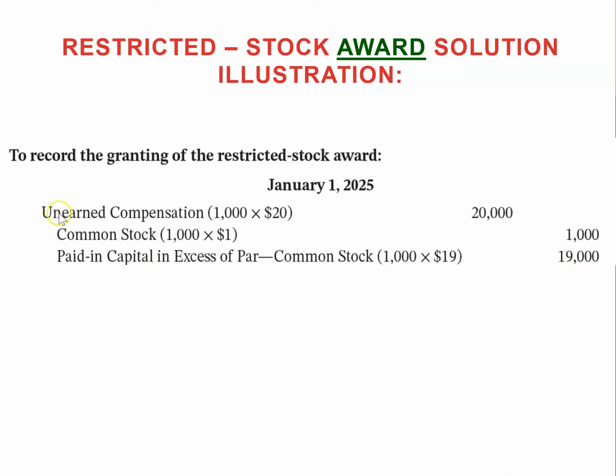Now, at this point, this is just the grant date. We cannot record it as a compensation expense. Rather, we will debit unearned compensation, which means it's a deferred compensation on the grant date. And then we will reduce this unearned compensation over the service period and record compensation expense.